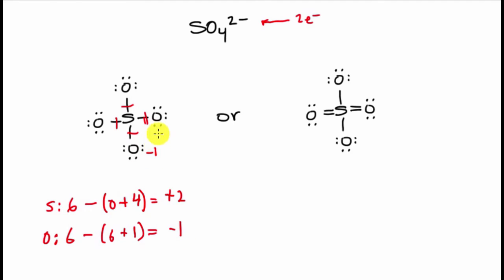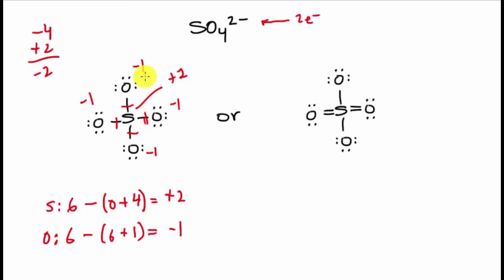So we get minus 1, minus 1, minus 1, minus 1, and for the middle, we get plus 2 for that sulfur. If I add up all these formal charges, minus 1, minus 1, minus 1, that's minus 4, and plus 2 gives me a net result of 2 minus, which matches the overall charge of the ion, which is good.